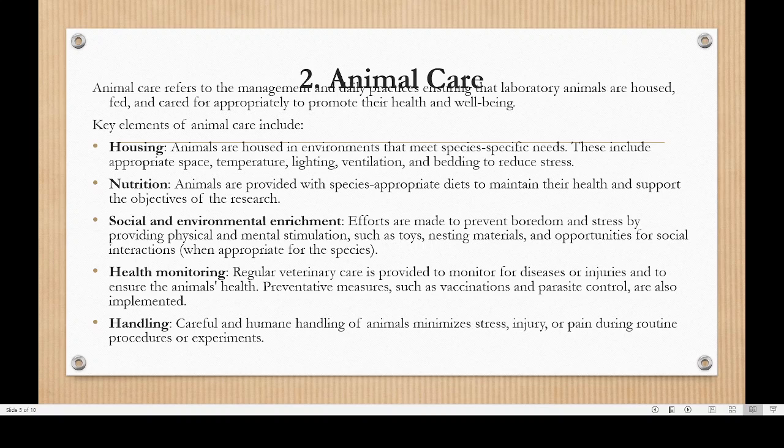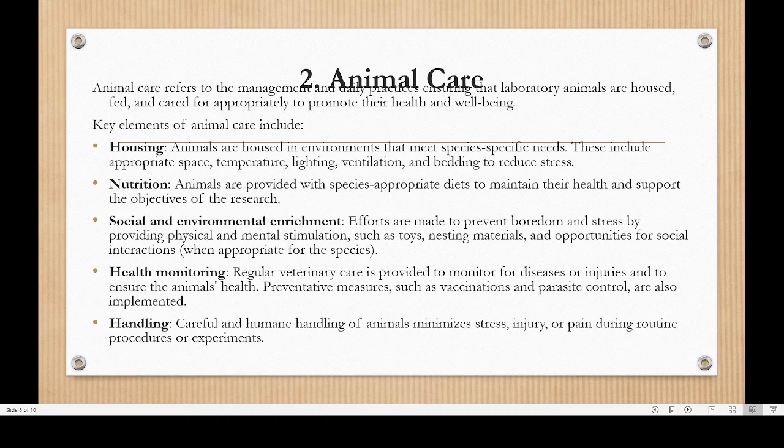Their body will produce a lot of hormones, and these hormones can change the actual effect of the drug. So it is very important that the animal lives in a normal situation, with physical and mental state at a normal level.